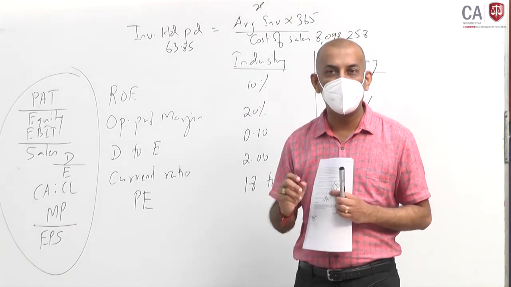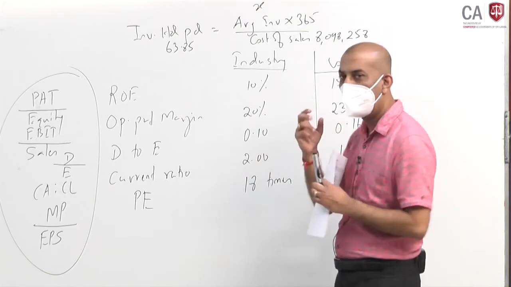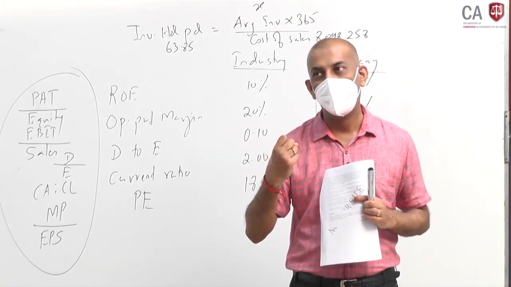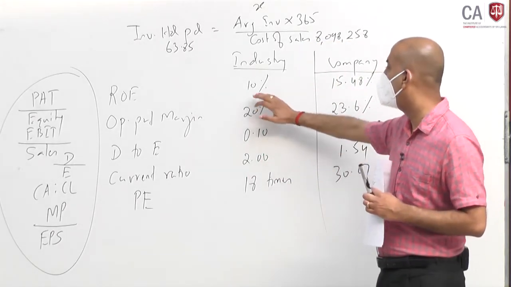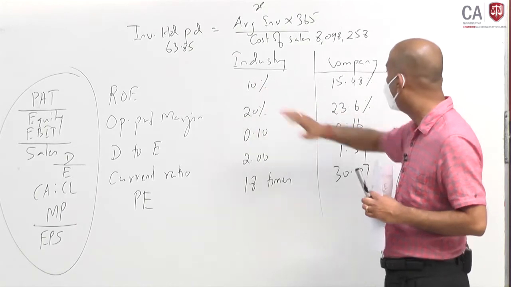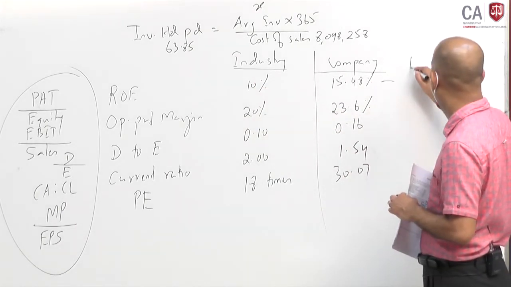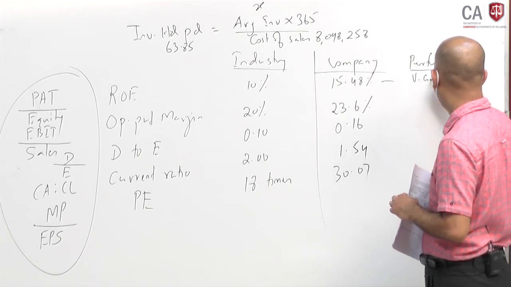Shareholder wealth will be maximized based on the shareholder returns. So return on equity is one of the key returns a company generates to give to shareholders. Here the industry is earning 10% return, whereas this company is earning 15%. So really good performance, very good.